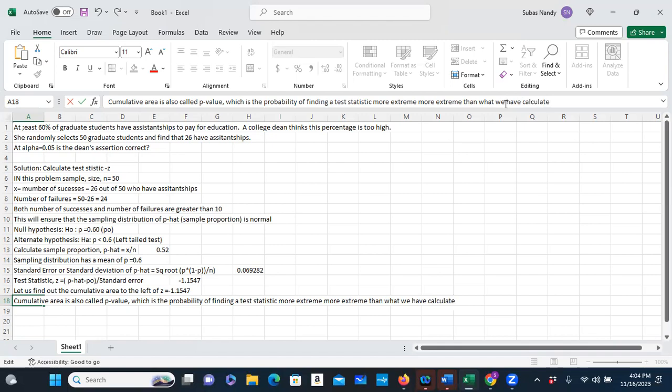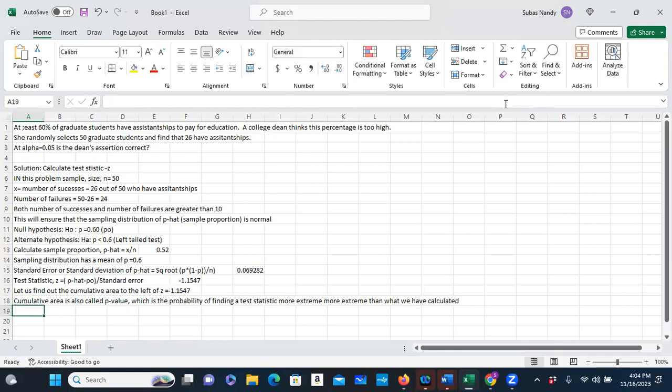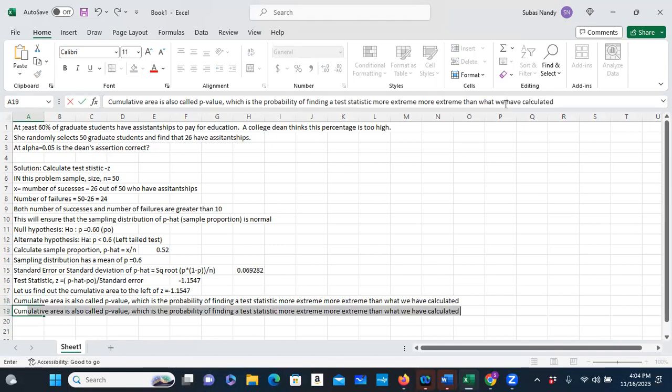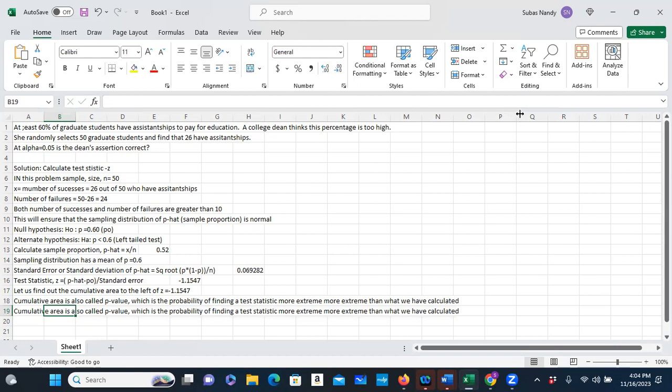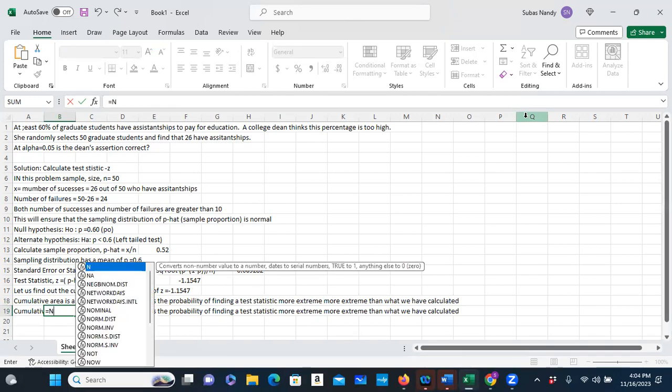So for cumulative area, we will use equal to NORM.S.DIST, the normal standard distribution. S means standard, which is the Z distribution.